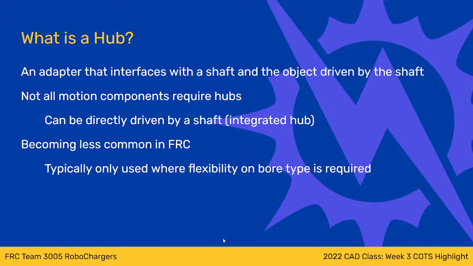Basically, at least in FRC, you use a hub where you want flexibility on what type of bore you have. If I have a wheel with a keyed bore in it, I can't put a hex shaft in that.